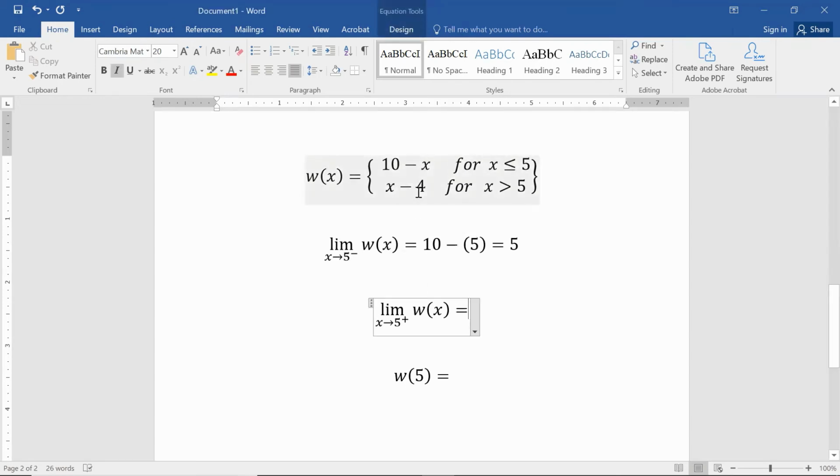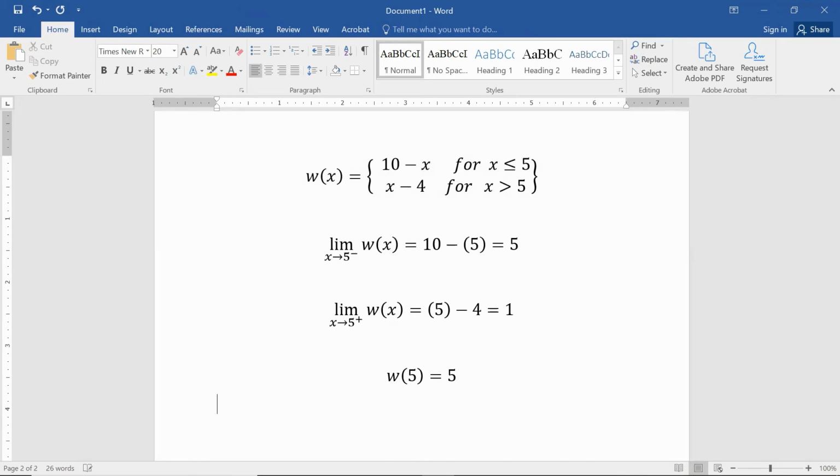The limit as x approaches 5 from above, I'm going to use that bottom expression. 5 minus 4 is 1. And when you plug in 5, you have to use the top expression. You get 10 minus 5, which is 5.